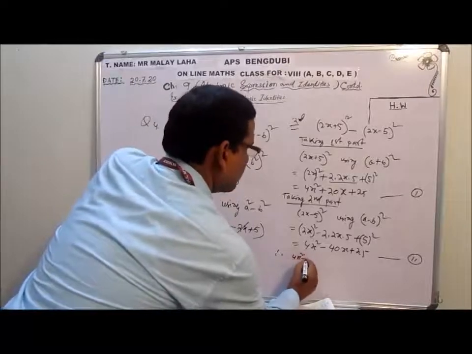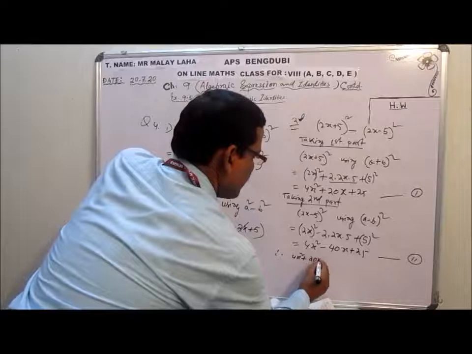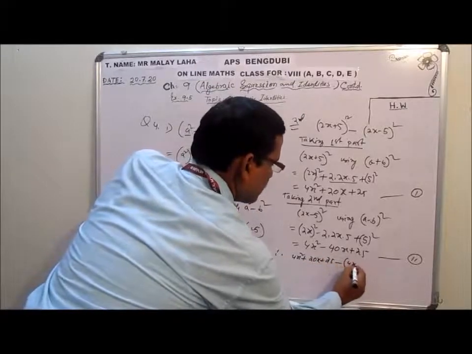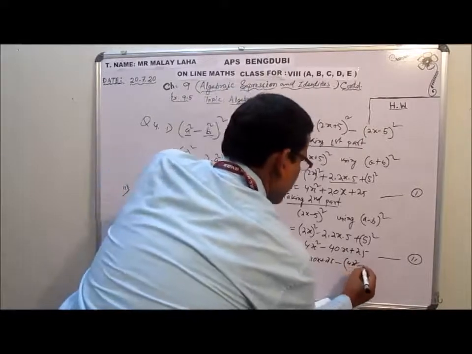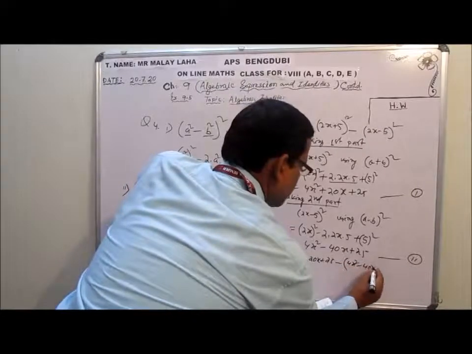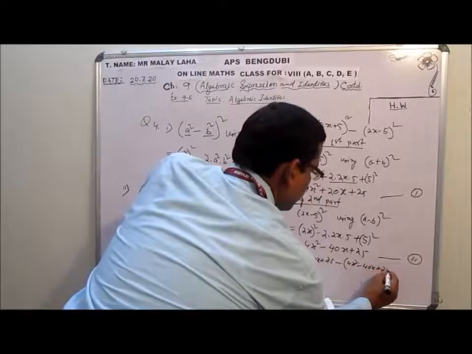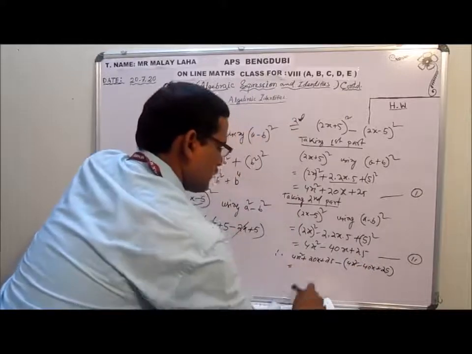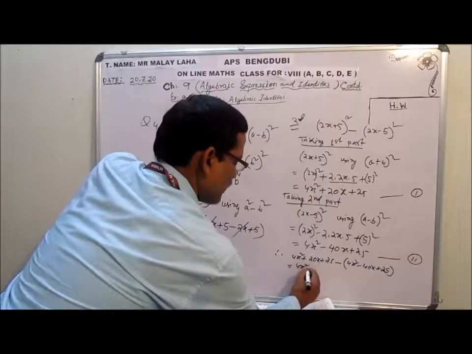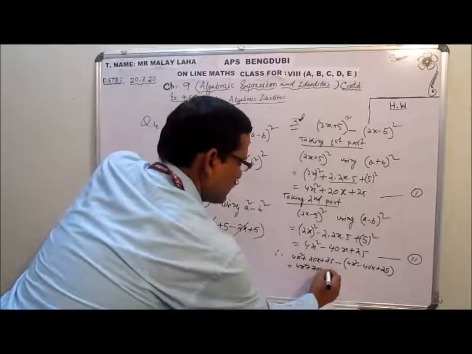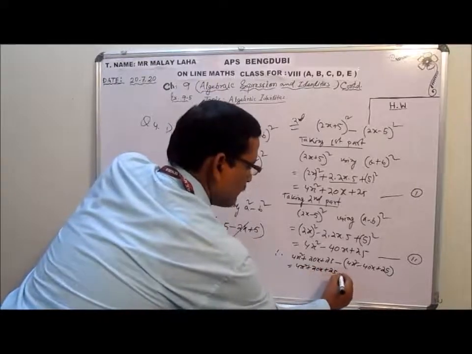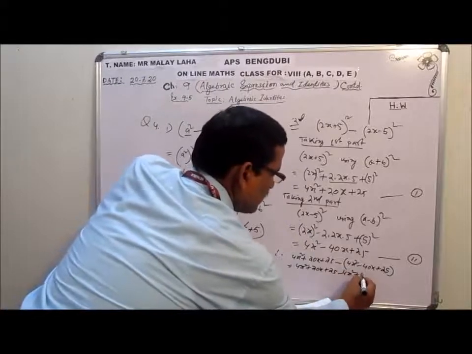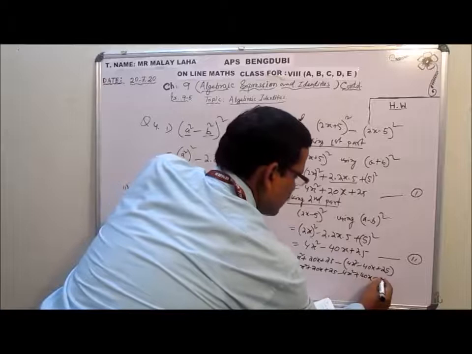Therefore the first answer is 4x² + 20x + 25, minus, in brackets, the second answer 4x² − 20x + 25. Okay, open the bracket. You know this bracket opening rule. 4x² + 20x + 25 − 4x² + 20x − 25.